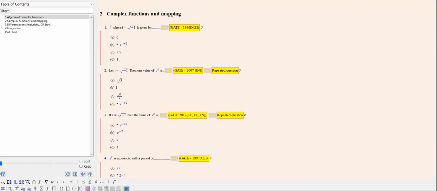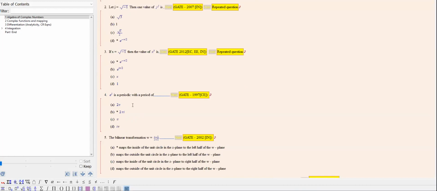So e power minus pi by 2. Simple question, but repeated thrice.